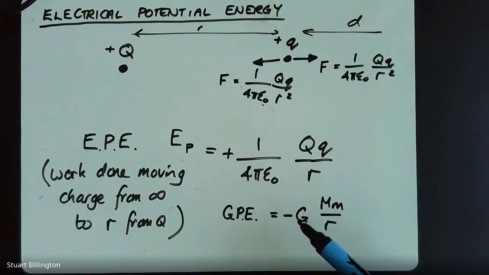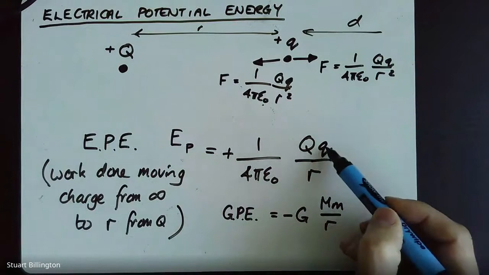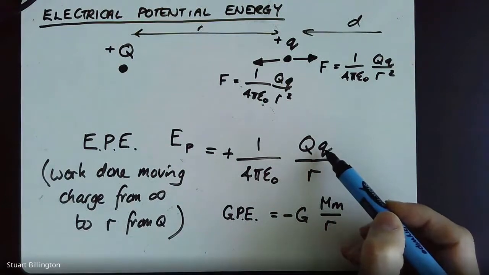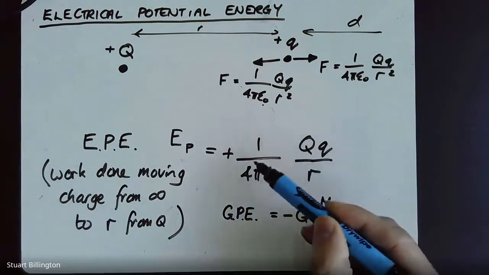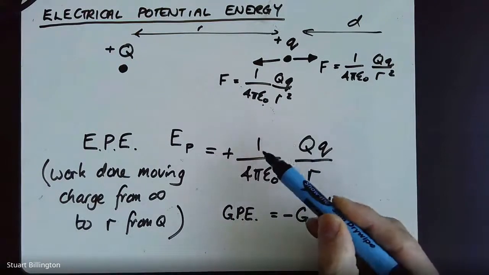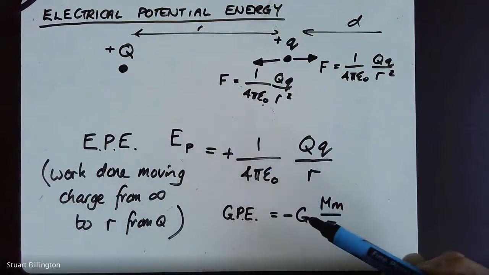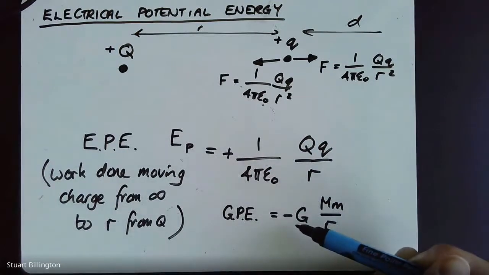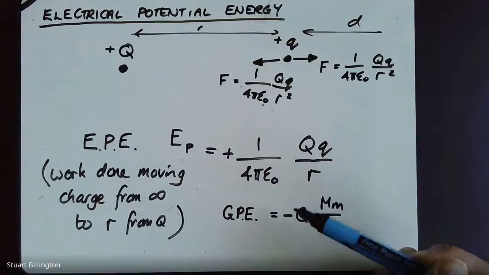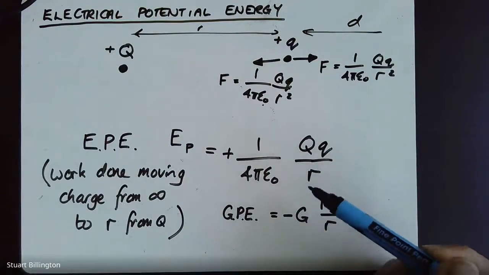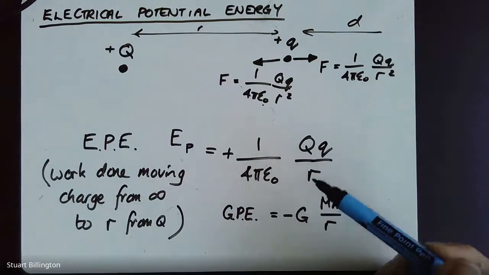However, you know that the electric force can be attractive, and if Q was to become negative, then this entire number will become negative, and we will again have a negative energy for our electric potential energy, just like we have a negative energy for our gravitational potential energy. So they are symmetrical. They do behave in the same way.